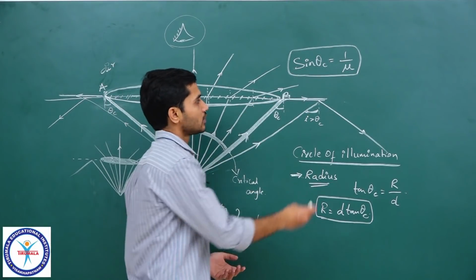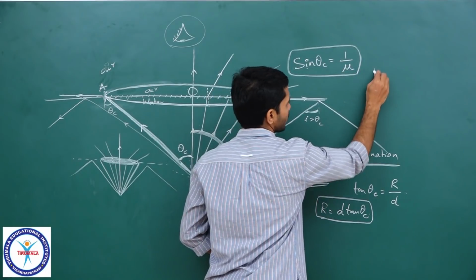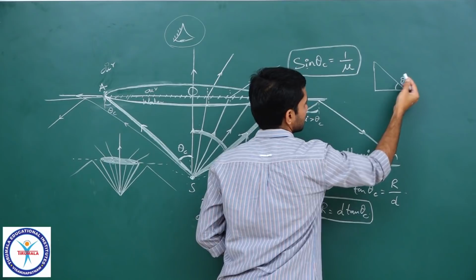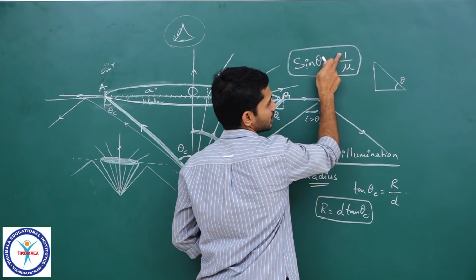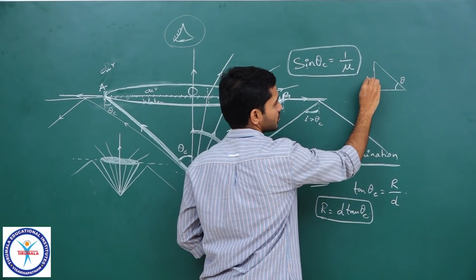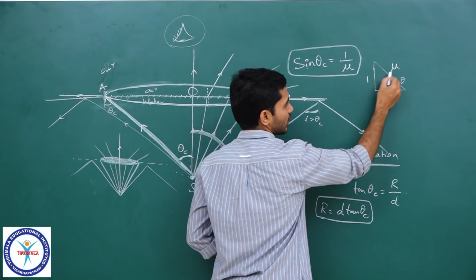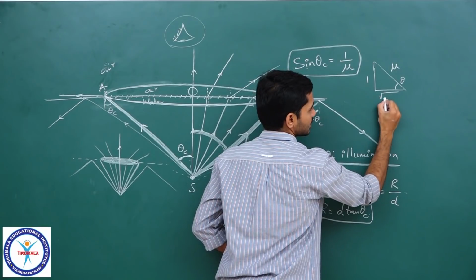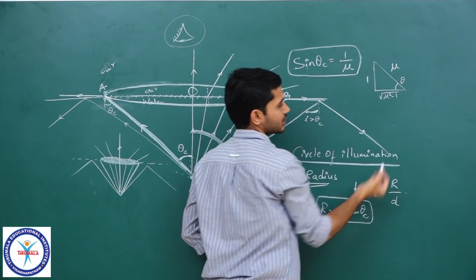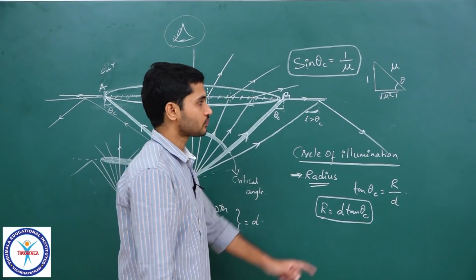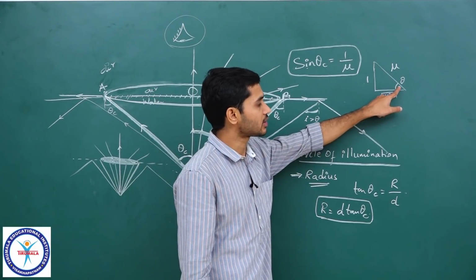Let us do that. So, if sin theta c is 1 by mu, let me make a triangle. So, if this is theta, so opposite and this is hypotenuse. So, this is 1, this is mu, correct. So, if this is 1 and this is mu, I can directly say that this will be root over mu square minus 1, right. So, now what is tan theta c or tan theta in this case?